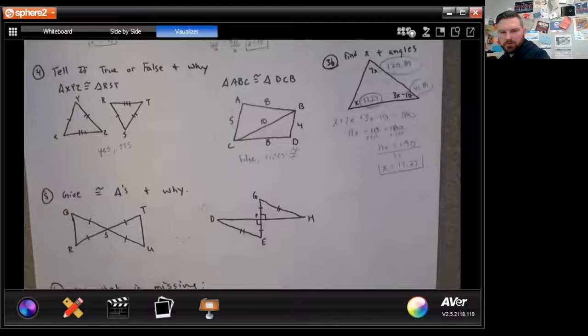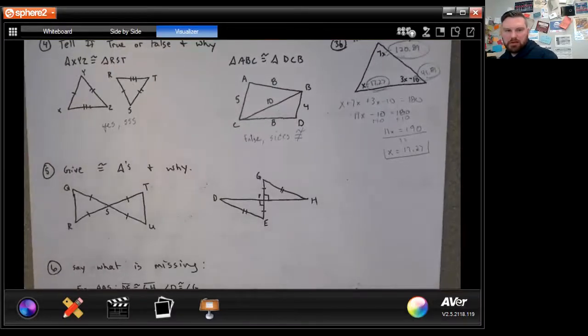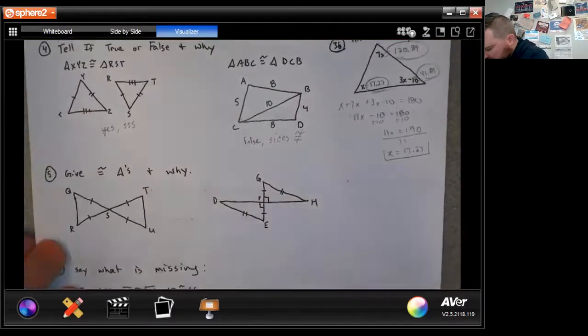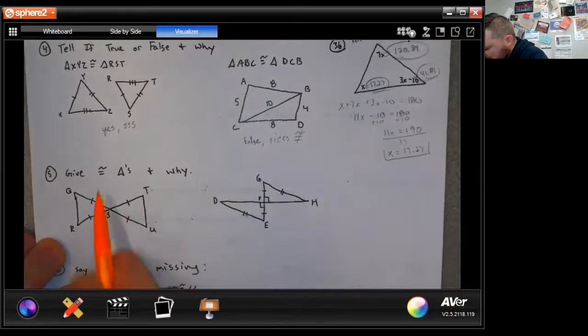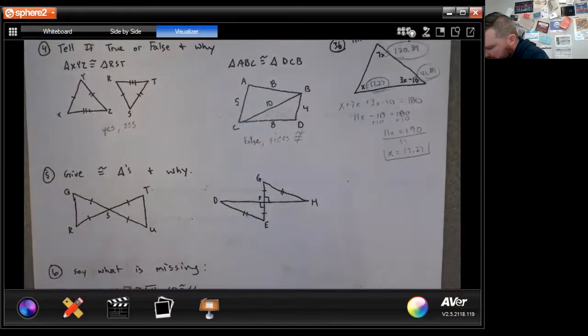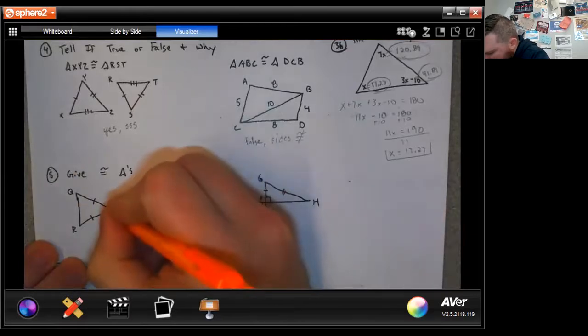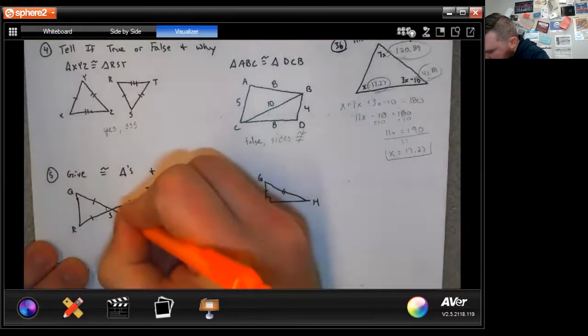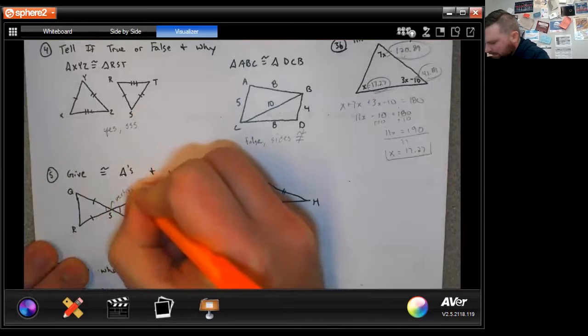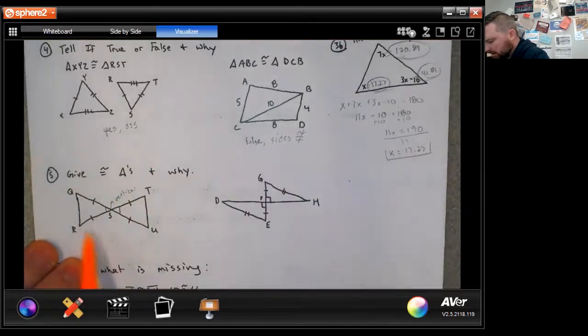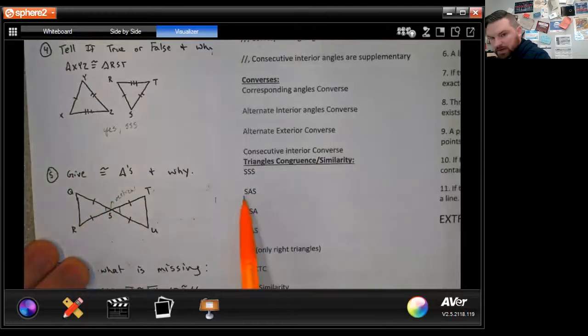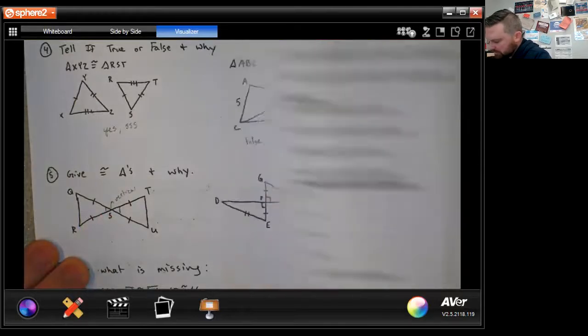All right, here in number 5, give congruent triangles and why. Okay, so they give us some shapes here, and they want us to say if the triangles are congruent. Okay, so I have this side and this side and this side and this side. So then these angles are also congruent because they're vertical. Okay, and then I have a side angle side, which if we look right here, side angle side, so they're congruent.